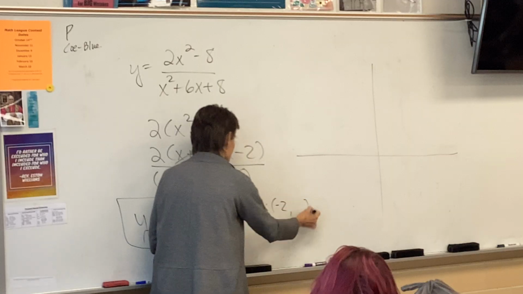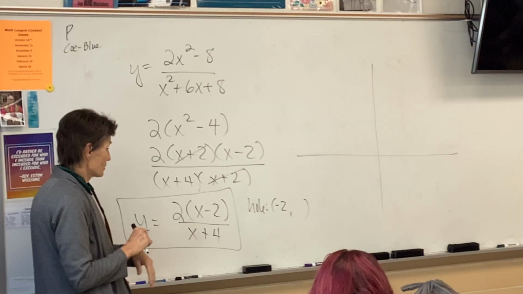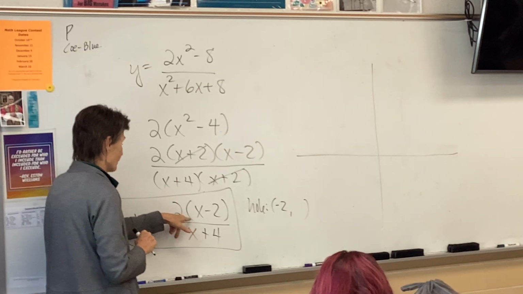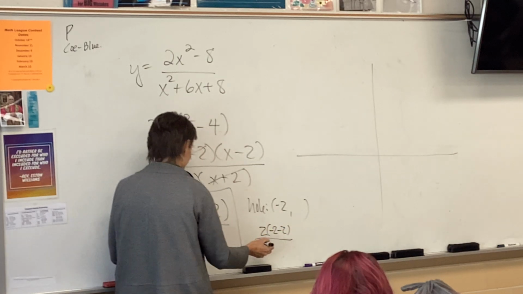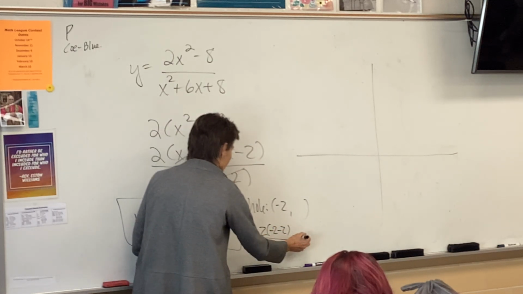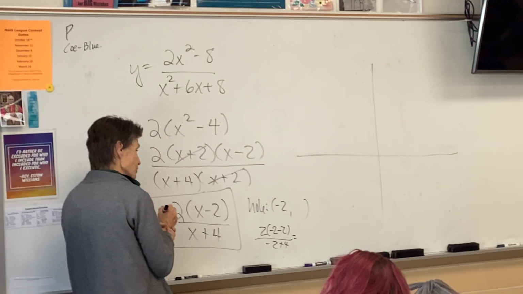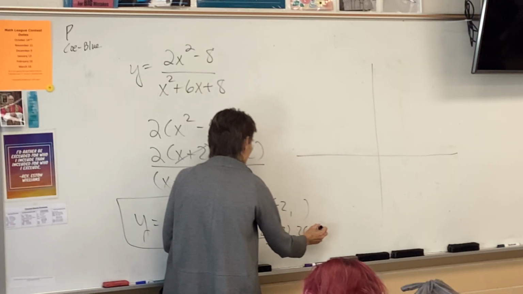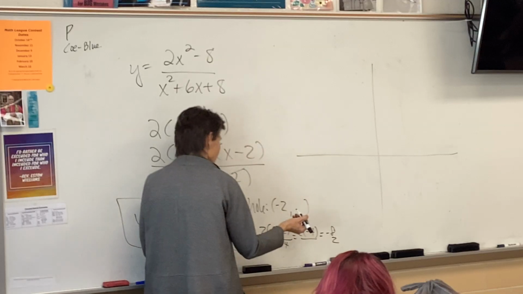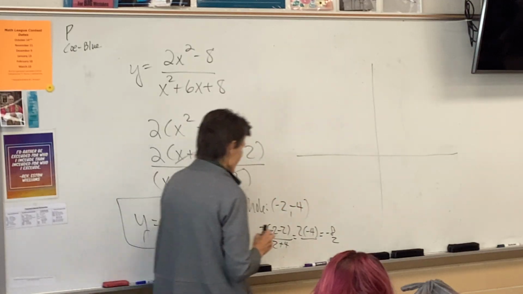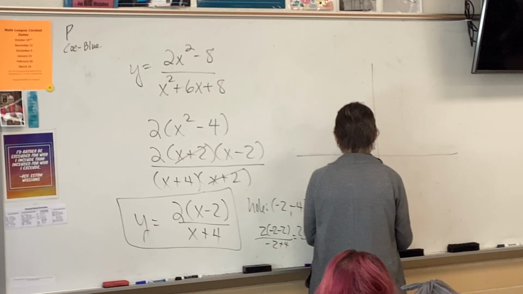It'll be where x is -2. So let's plug in -2. 8 on the top and 2 on the bottom. Did you get negative 4? Yeah. So we have a hole at (-2, -4).